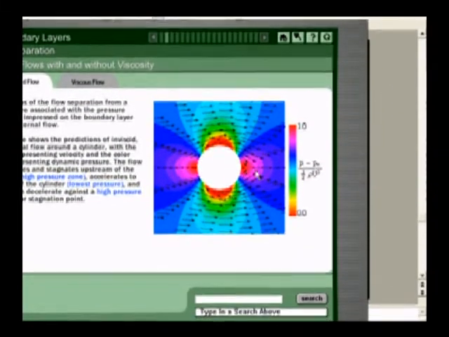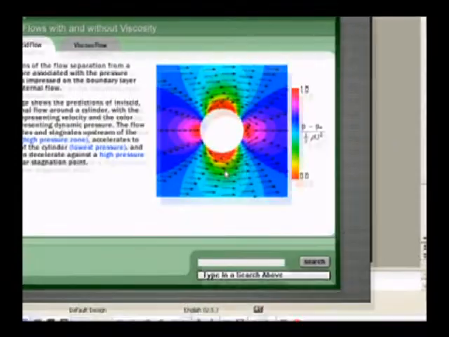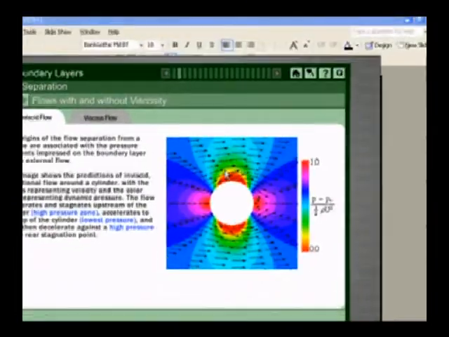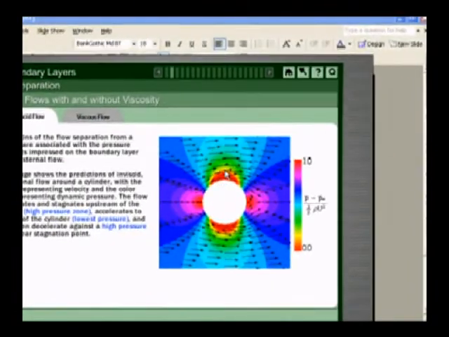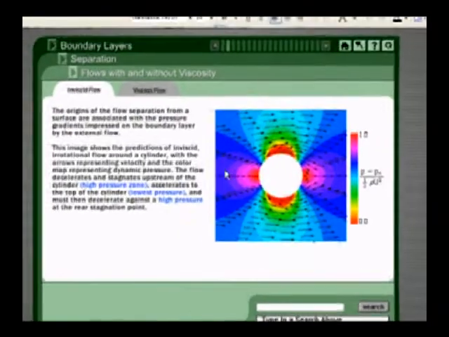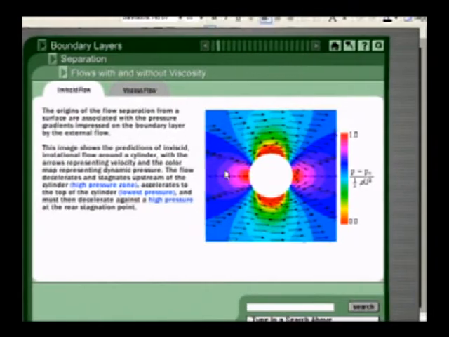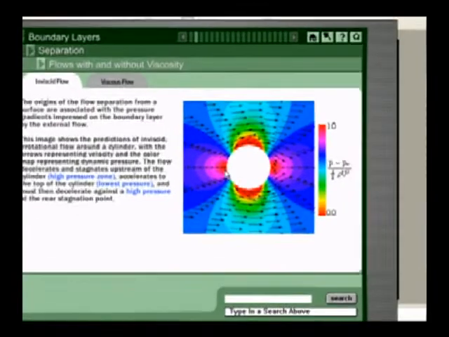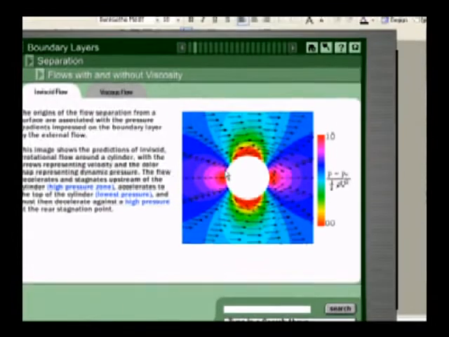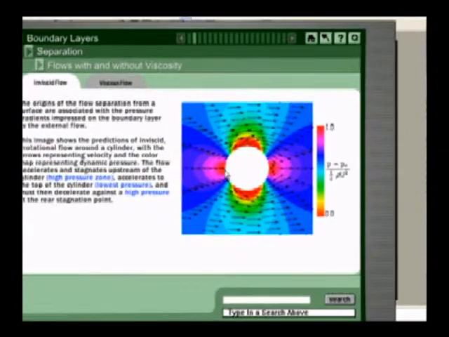These two areas come in the category of high pressure zone, and these two come in the zone of low pressure. Because when fluid is flowing from left to right, this is the portion where we have a solid surface.